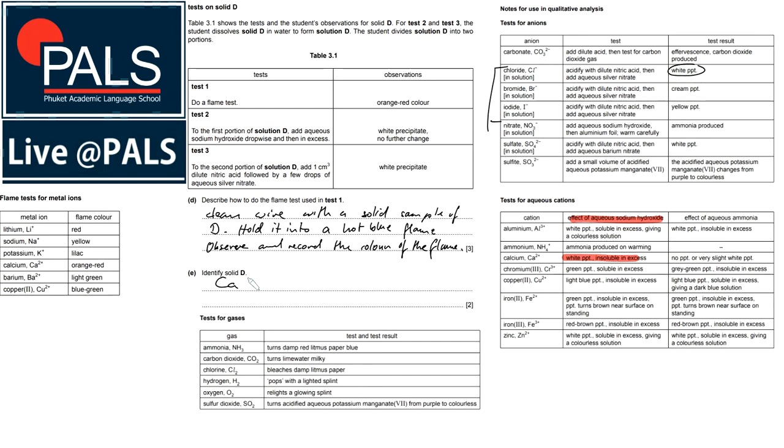So we have calcium chloride, now due to the ionic charges Ca2 plus and Cl minus, the correct formula is CaCl2, or we could name it calcium chloride. That is the identity of solid D.